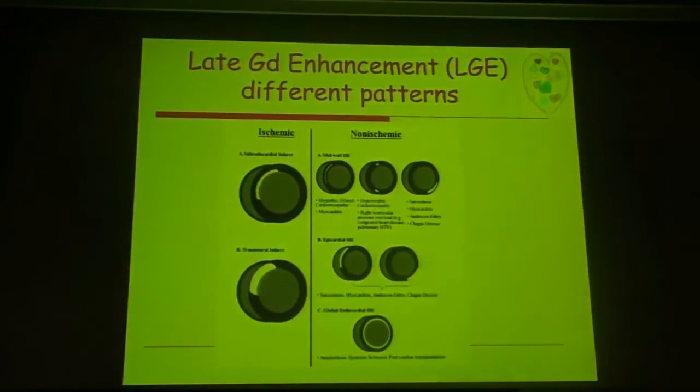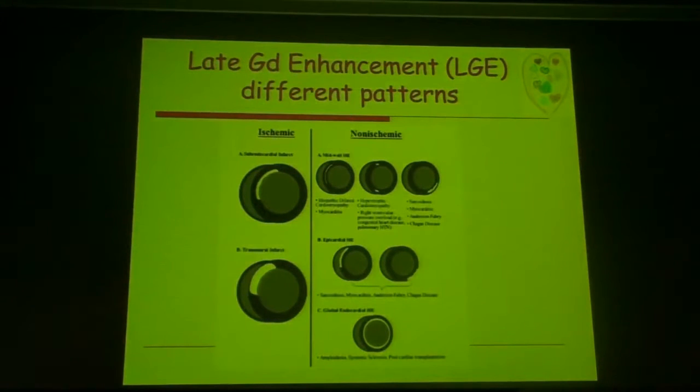Okay. The way we interpret our studies, as we're doing with anything in radiology, depends on different patterns. And these are patterns which actually differentiate between ischemic and non-ischemic pathology. And when we are looking at the basic cardiac MRI study, this is the first question that we're asking ourselves. Is this an ischemic pathology or is this a non-ischemic pathology?